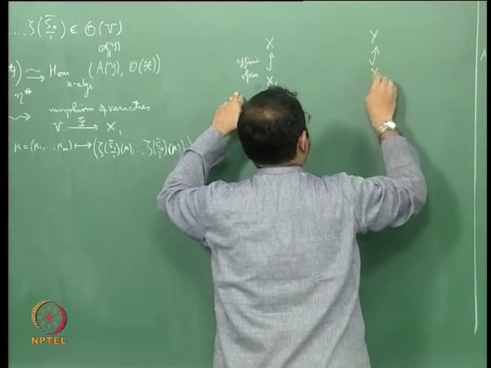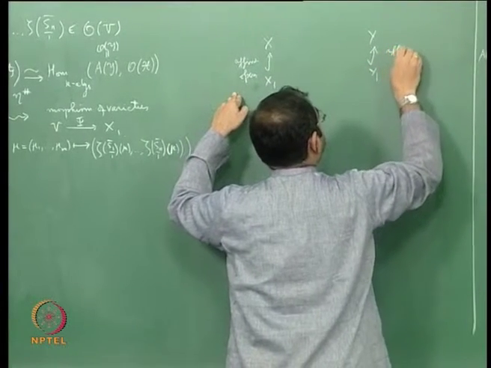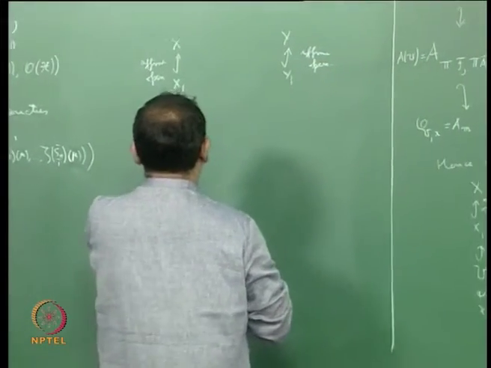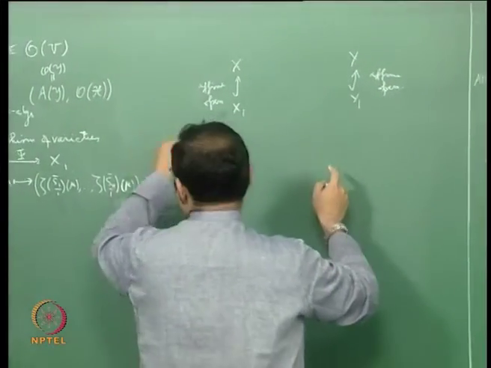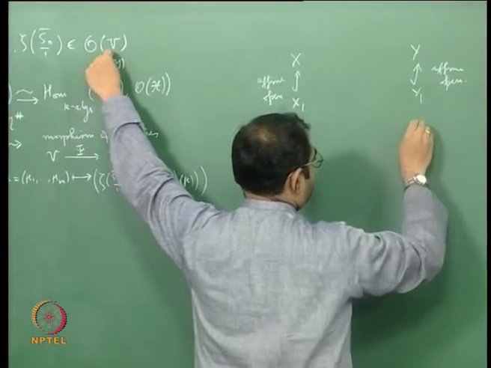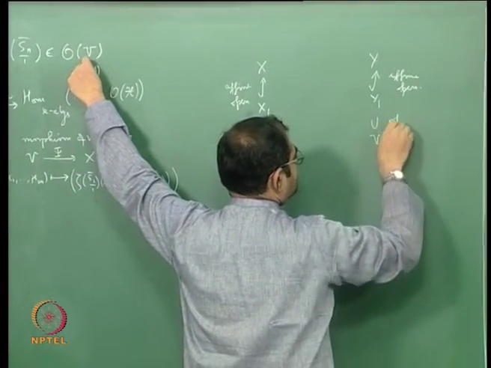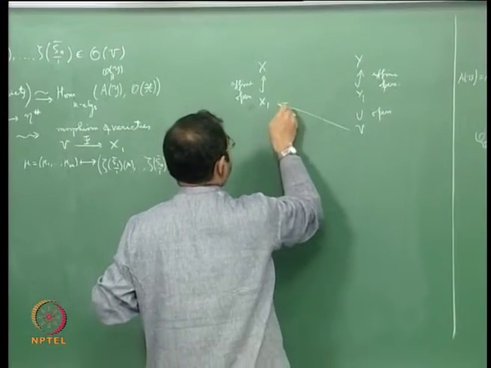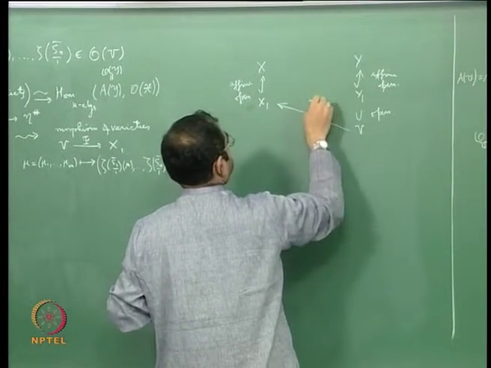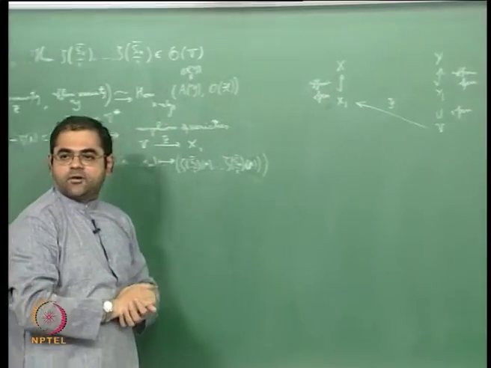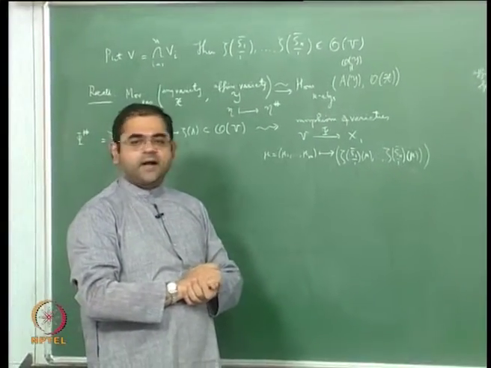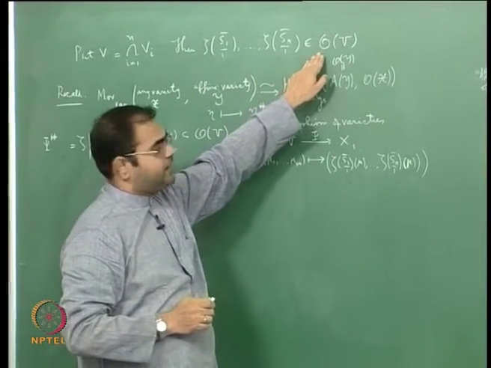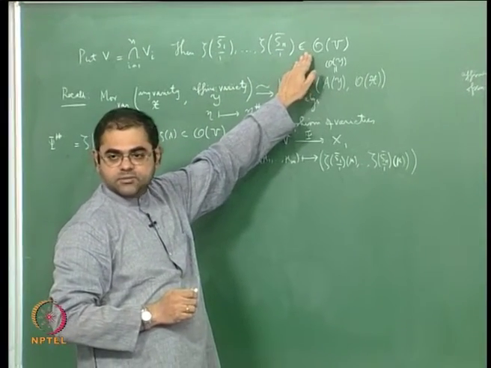And then there is Y1 here, which is also affine open in Y, and I have got this V which is an open set in Y1, and I have got a morphism like this. For that I use the fact that all the zeta si bar are regular functions on this open set.